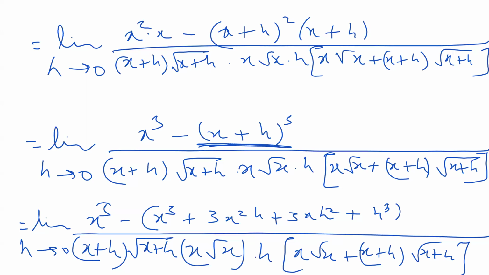So this x cube and x cube is getting cancelled. We are left with these three terms, but then these three terms are negative because there is a minus sign outside. Okay, so you take h common. So outside when h goes, it will be minus h because there is already a minus sign outside.